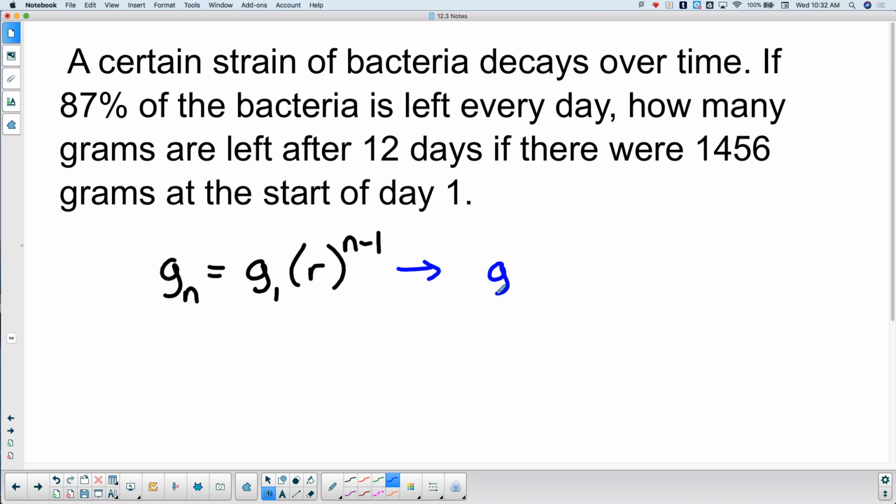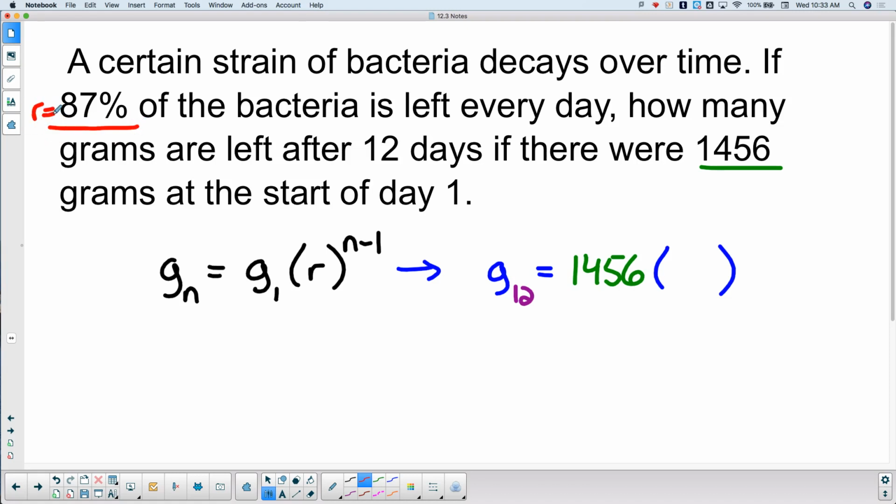So I'm looking for G sub 12. And that's going to equal my initial 1,456, which is G sub 1, times R. What's my R value going to be? 87% is my R value.